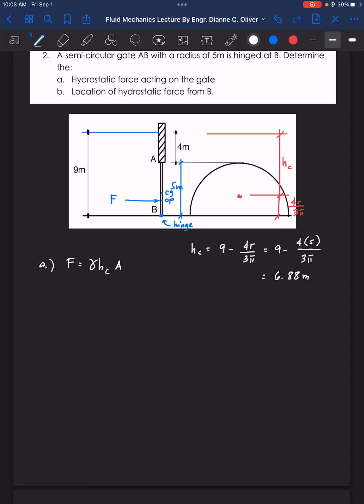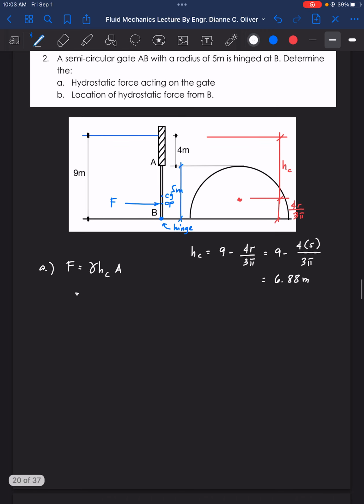So now we have gamma. What's the liquid here? If it is not mentioned, then our liquid here is water. So we'll put here water surface. So we have a liquid that is water, gamma 9.81.